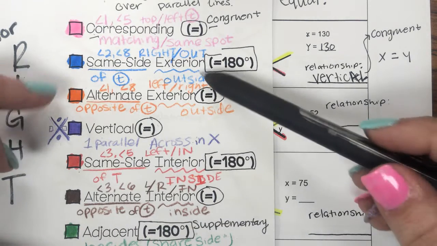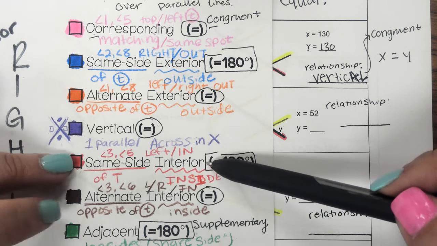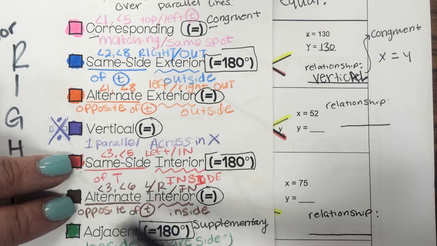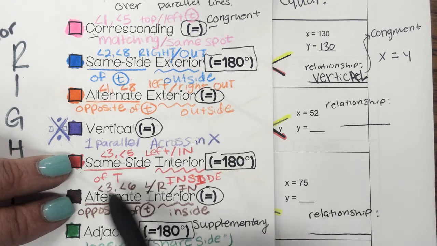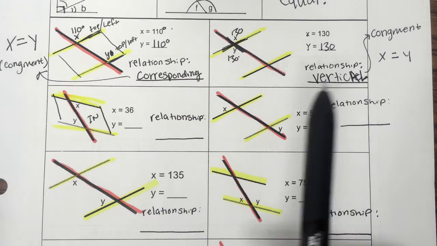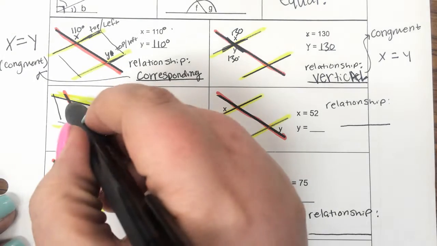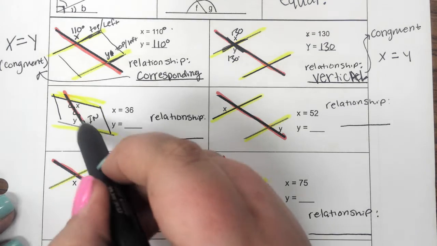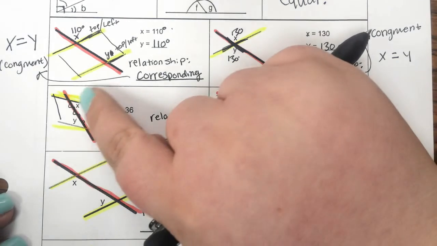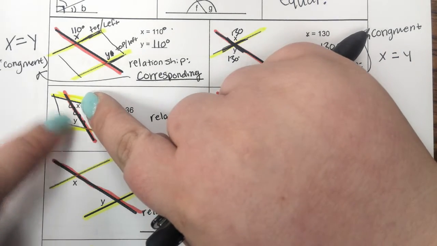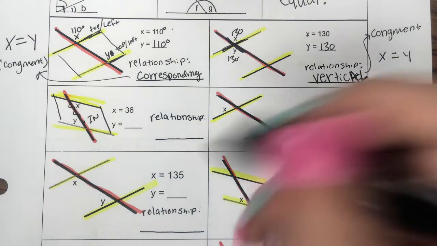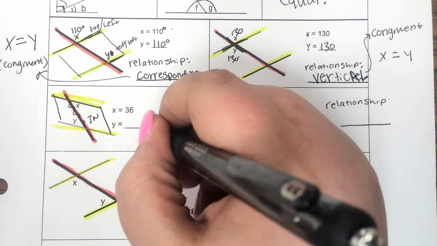My options for interior are same side interior or alternate interior. Same side and alternate are in relation to the transversal. So here's the transversal, that red line in the middle. X is on the right side of it and Y is on the left side of it.